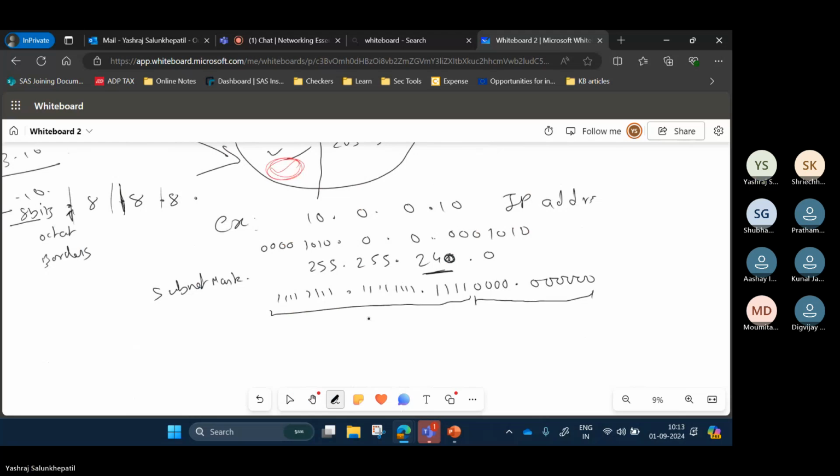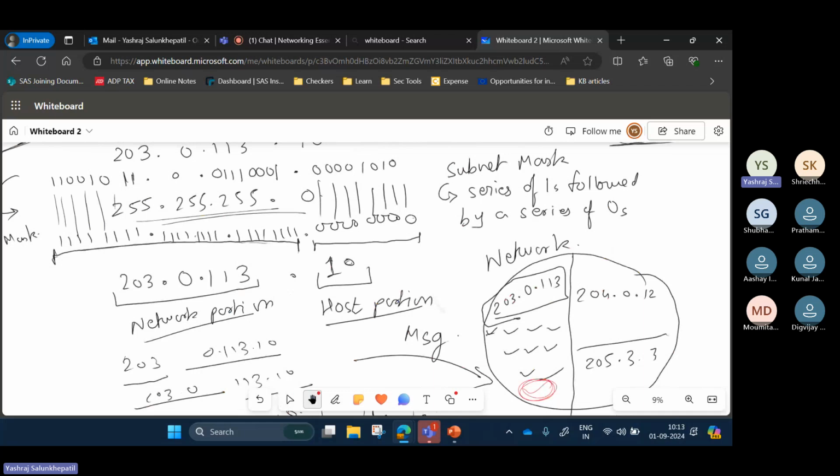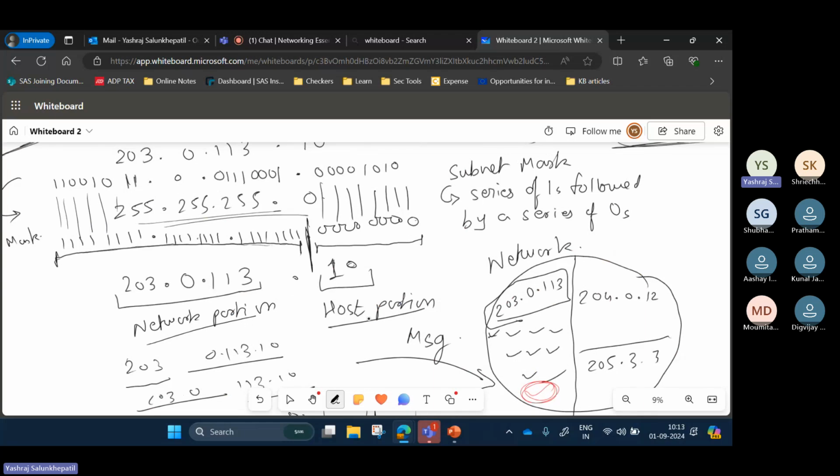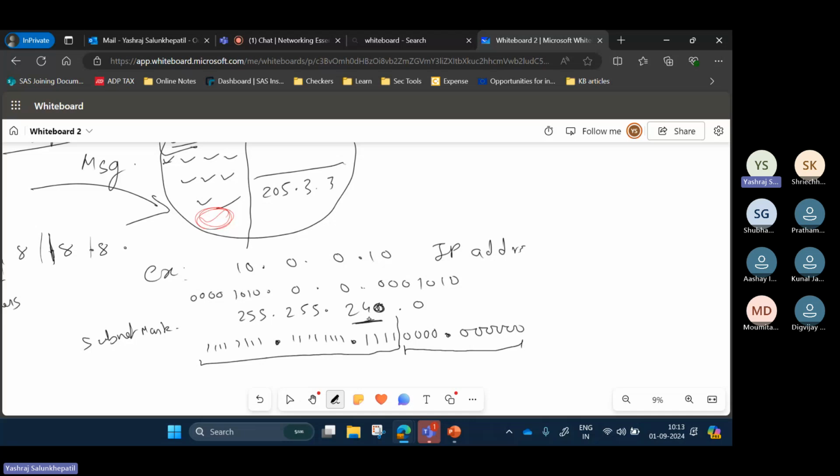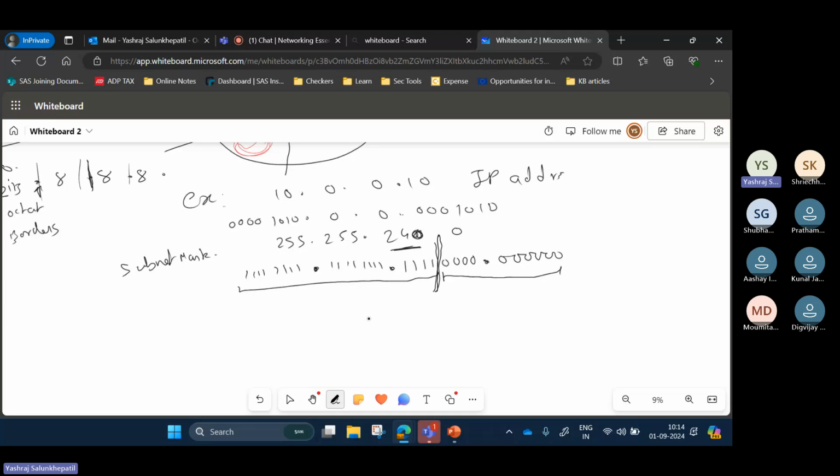Now see, our octet border, our dot is here. In the previous example, it was ending right at the dot, the ones. But here it is not. It is ending before that. Okay. These are a little bit tricky and difficult to identify and check the configured part. But now this is the network portion and this is the host portion.